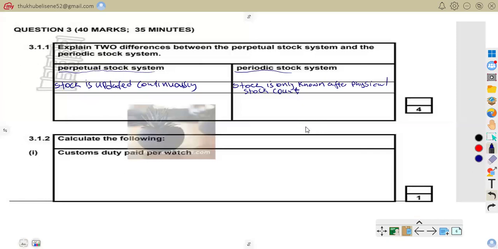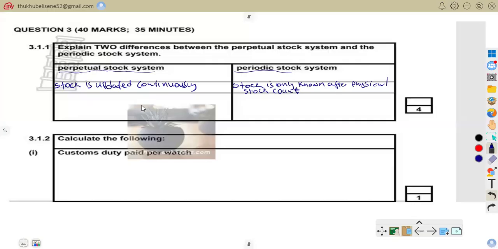We can even give examples. Under perpetual, a store using scanners at the checkout updates stock immediately. With periodic, a small shop counting stock at month end. Hope we are together on that.